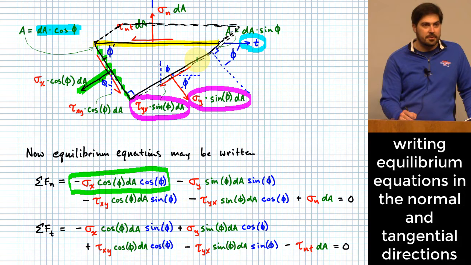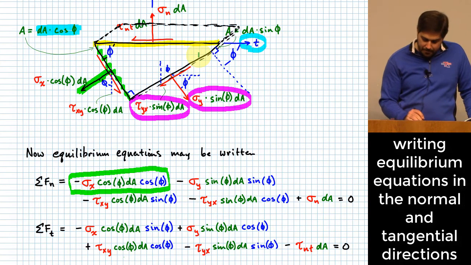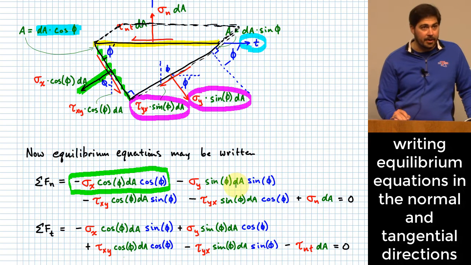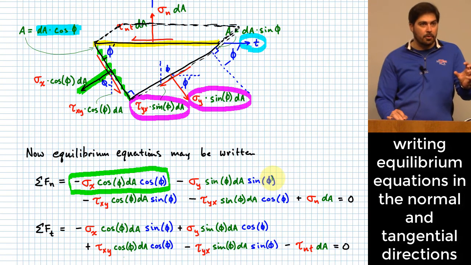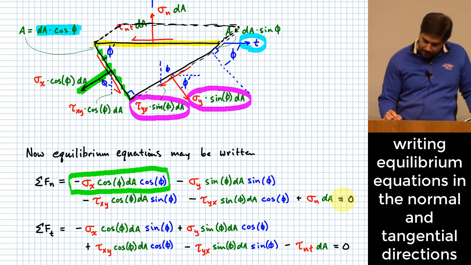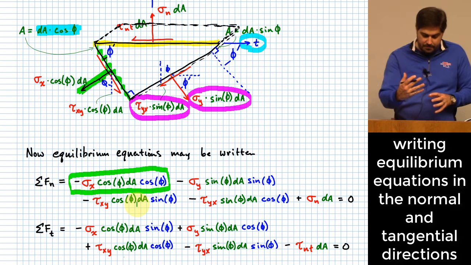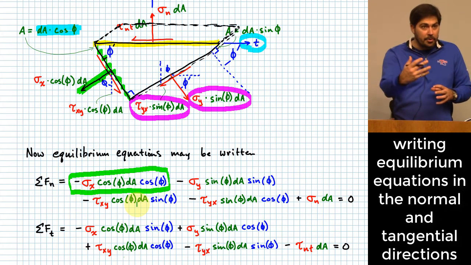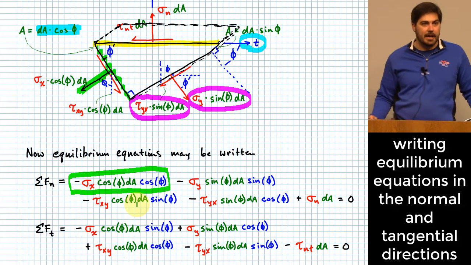That's basically what happens for each of the faces. I've got a lot of stress components, but each one of them has the original stress component multiplied by a certain amount of area to get a force, and then multiplied by another trig function to pick off the component of that force that points in the direction I'm interested in. I do that for all of my components, the normal component of each of them, according to the normal direction that I've established.